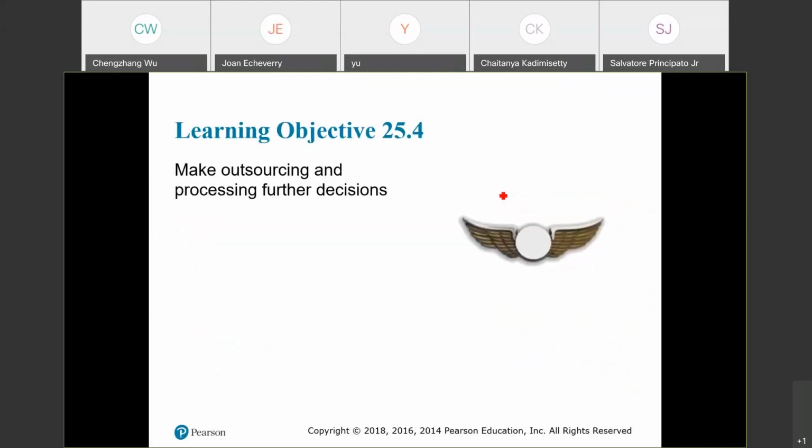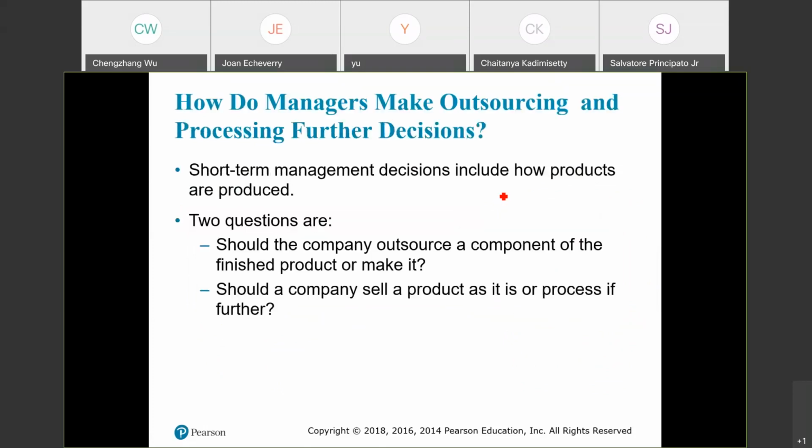Well, the next, and also the last, type of short-term business decision is to make outsourcing and processing further decisions. Okay, first of all, what is outsourcing?